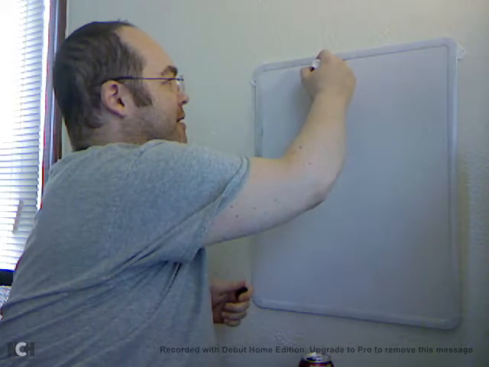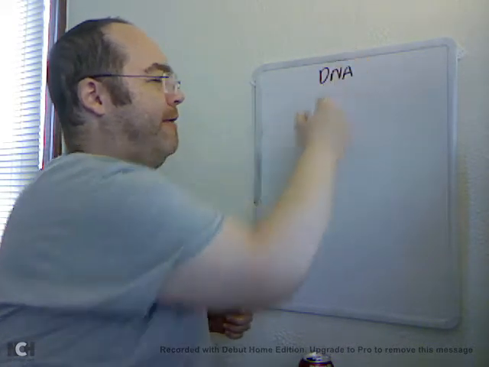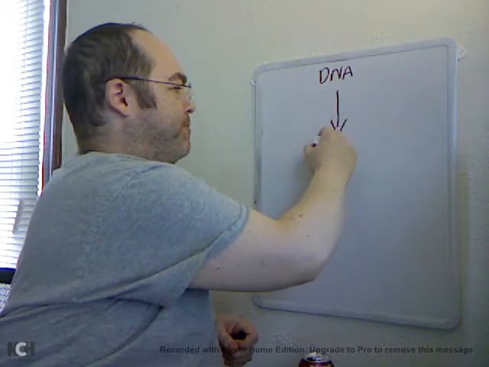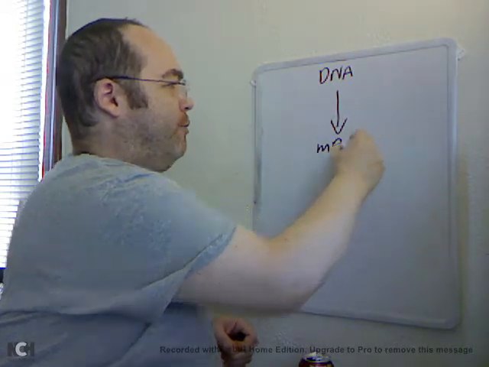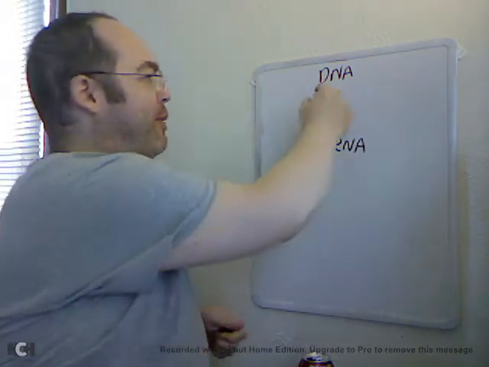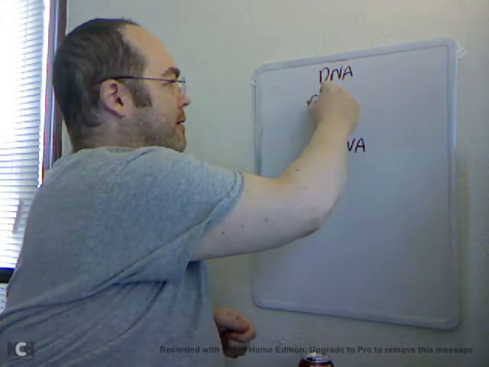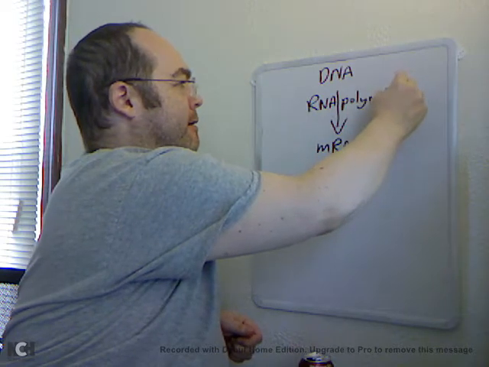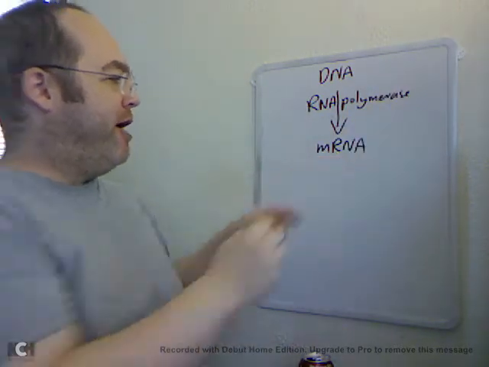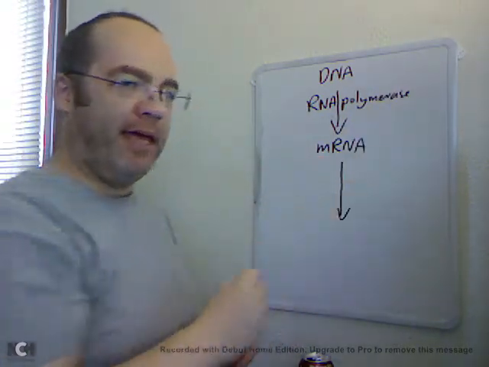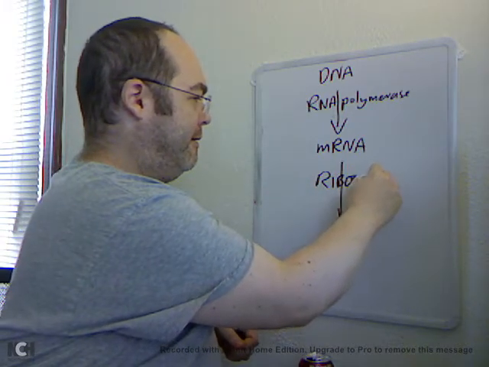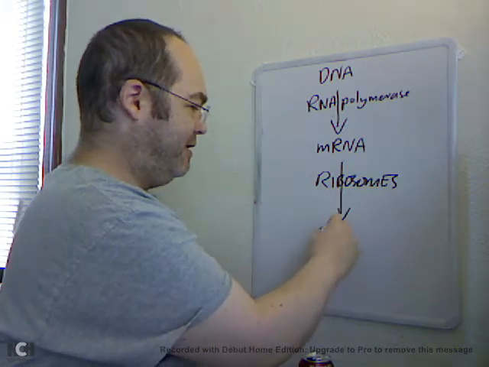We have the information in DNA being transcribed by molecules into messenger RNA. We have messenger RNA being translated by ribosomes to proteins.